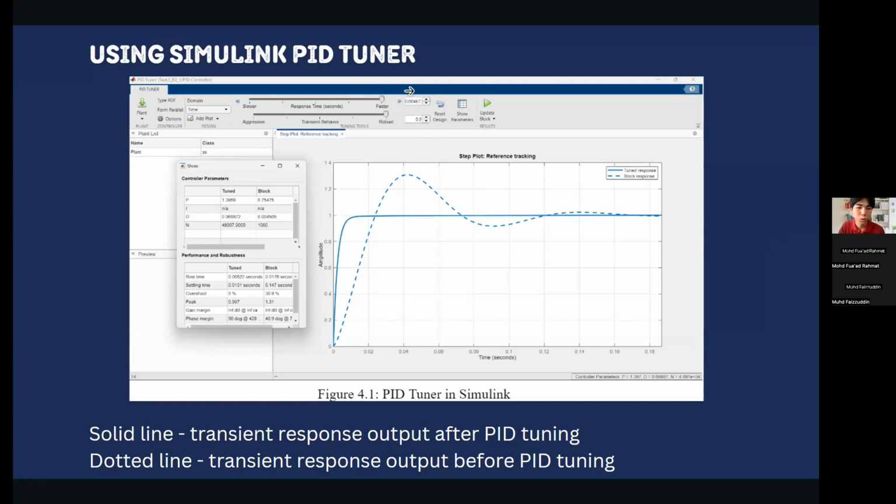We change the response time and the transient behavior, and this is the step plot for the system. The dotted line shows the response before the PID tuning, and the solid line is after the tuning. The table over here shows the control parameters and also the performance and robustness.